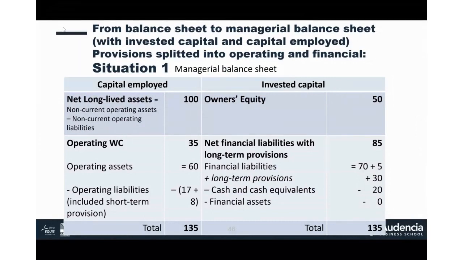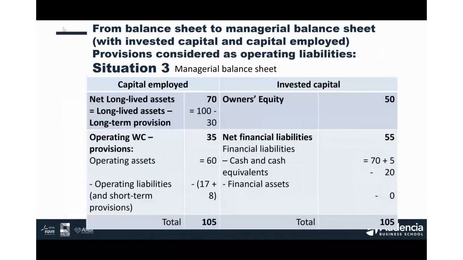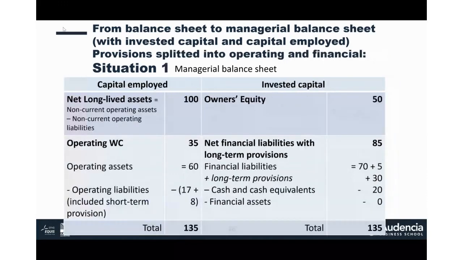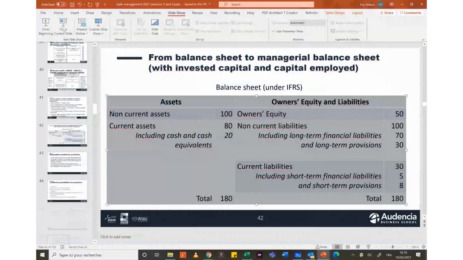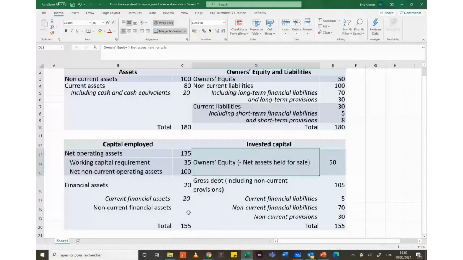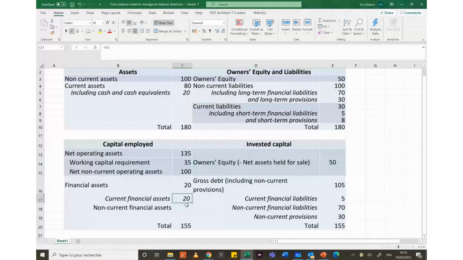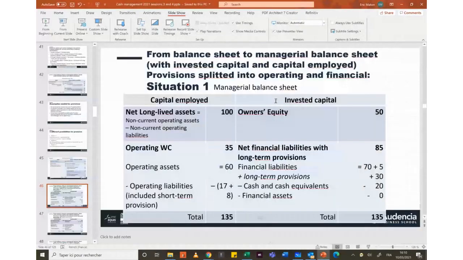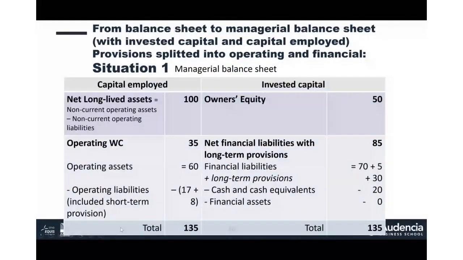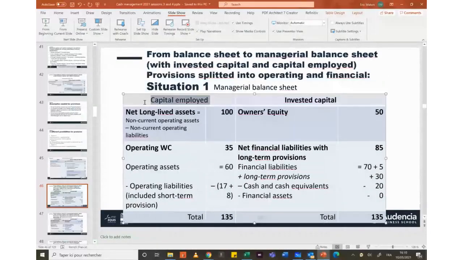I say 155. Where is the 155? It's because the financial assets are on the left. So I presented in the PowerPoint with the financial assets on the right with the net debt. So I will change the slide, the correction, and I will consider the financial assets on the left. So in reality, what I have here is not the capital employed, but the net operating assets.